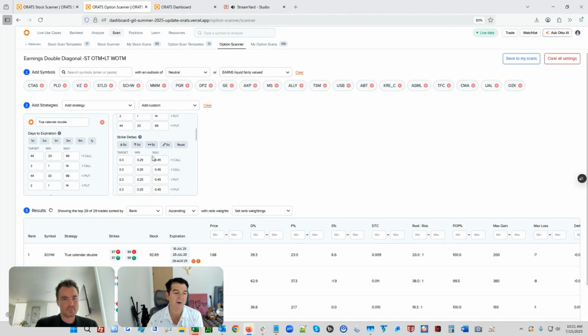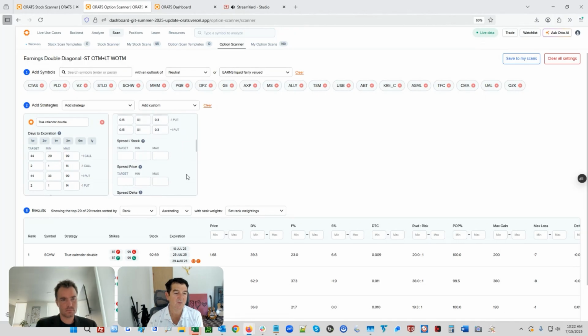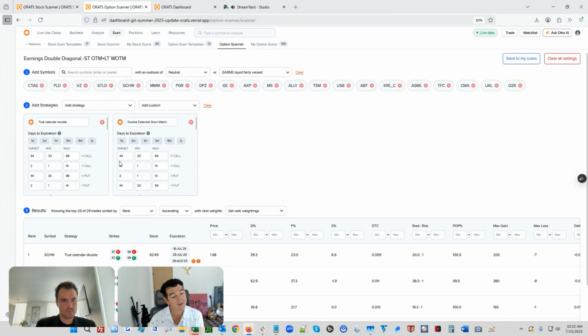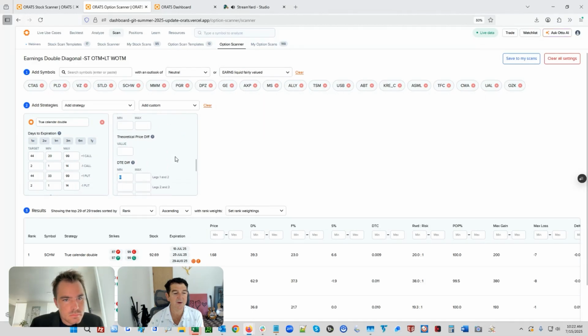So we might want a little bit wider than 10. So let's do, this is 20 deltas wide. Let's go down. So 15 delta, I like this. Okay. And now we have to remember our DTE diff for 1 and 2 is still 0, right? As a matter of fact, no, it's not 0. Now it's going to be negative, right? Because it's leg 1. Wait, no, sorry, positive. So we'll say 20 to 40.